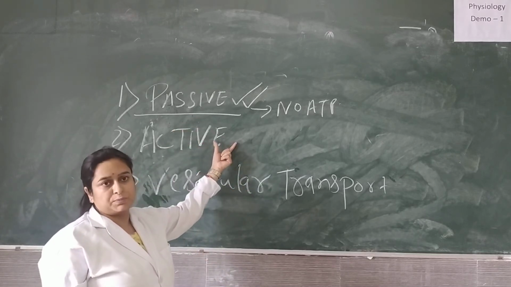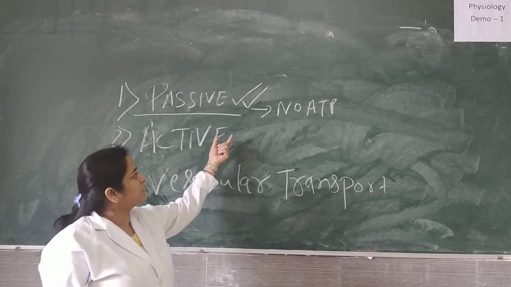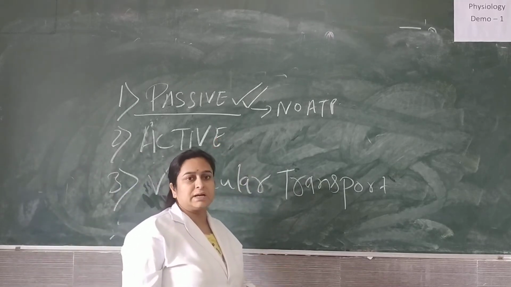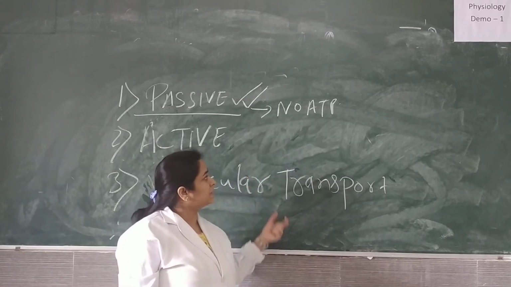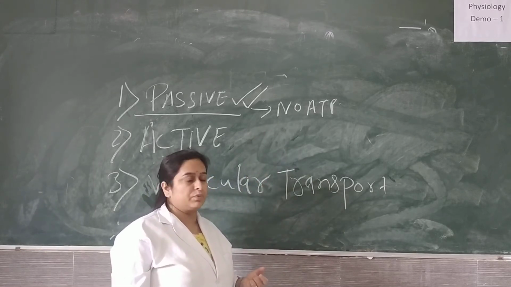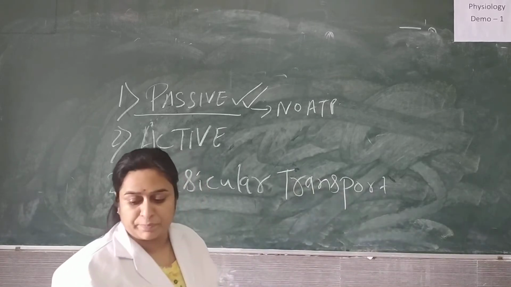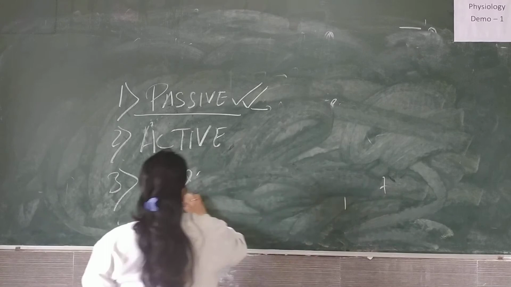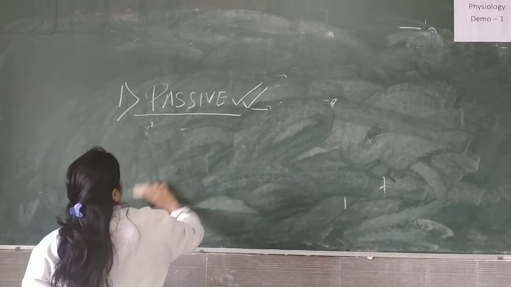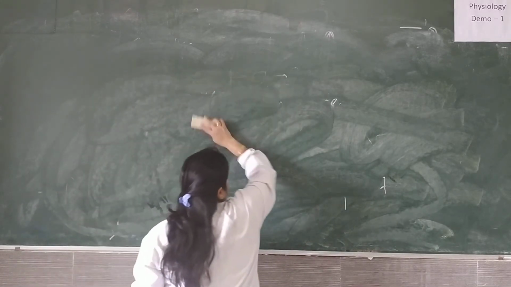So how does transport of nutrients take place? It takes place along the concentration gradient, and it is a downhill movement. For better understanding of passive transport, we have divided passive transport into two types.